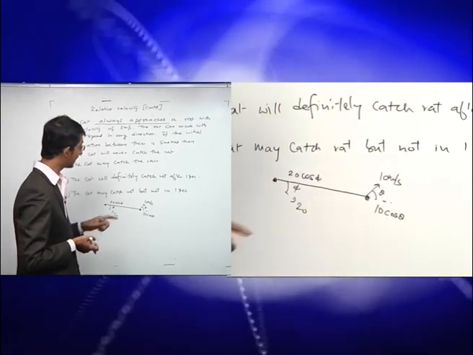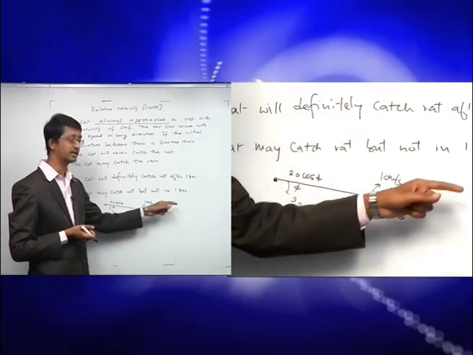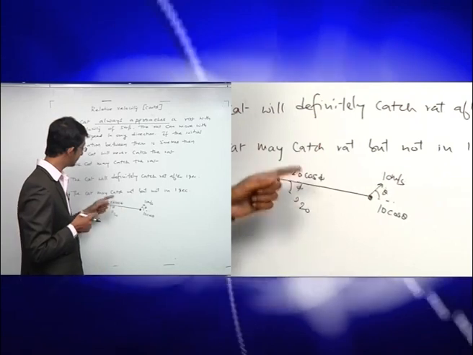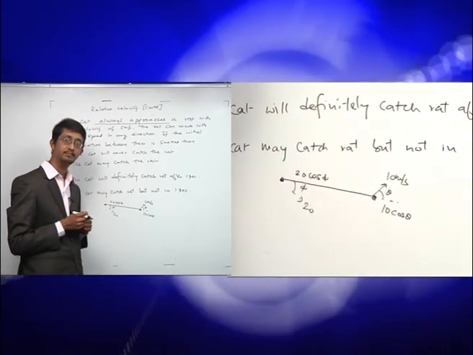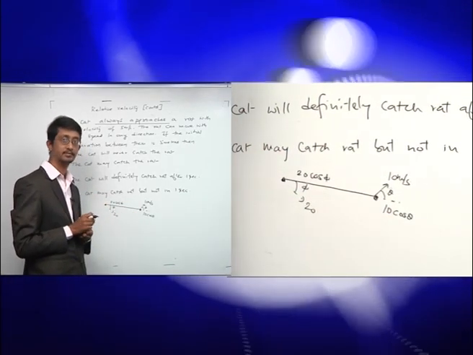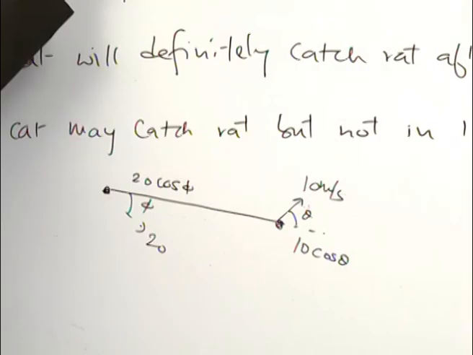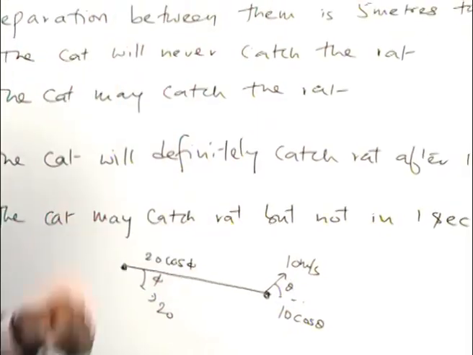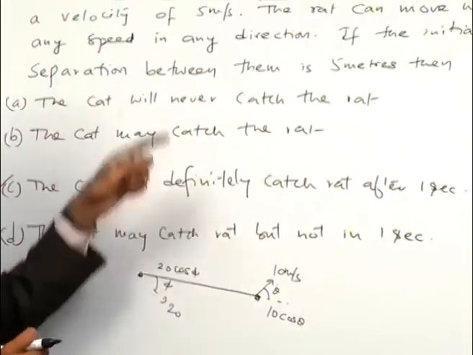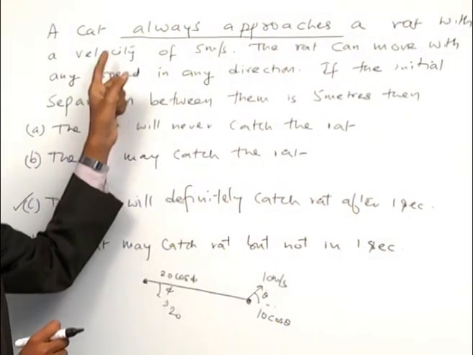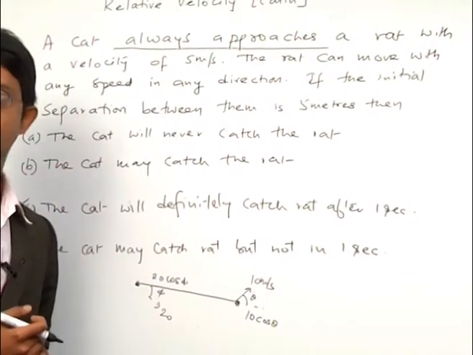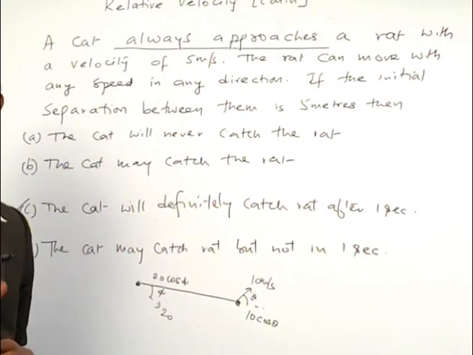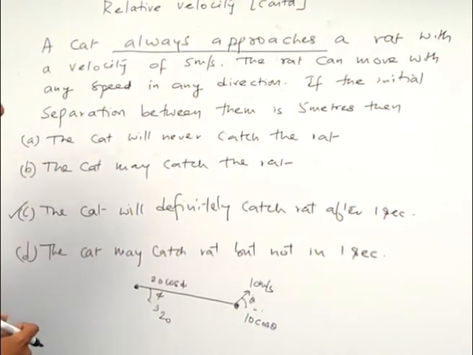On the other hand, if the rat's velocity along the line joining is more than the cat's velocity along that line, we say they are separating. So when I say the cat always approaches a rat, that means the cat is always coming closer towards the rat with a speed of 5 meters per second.